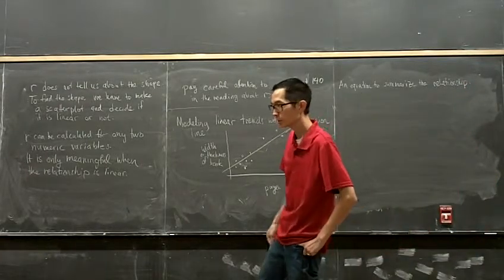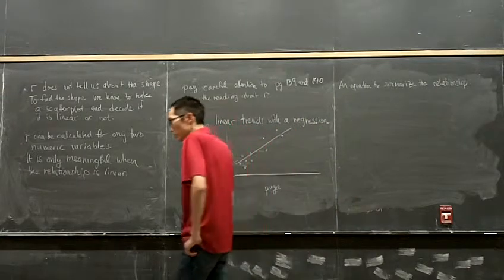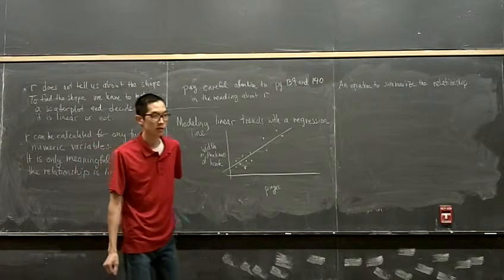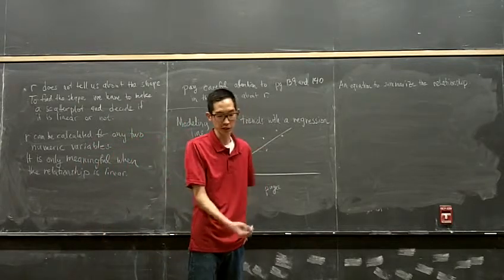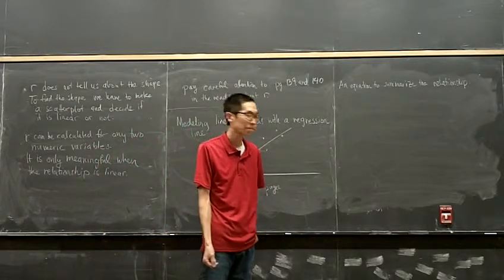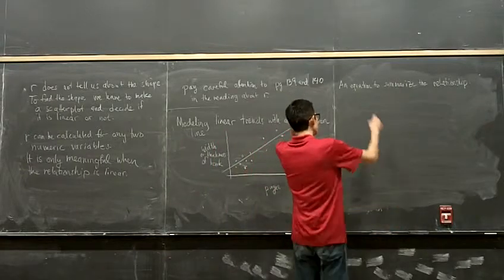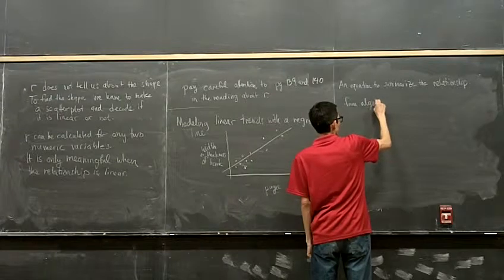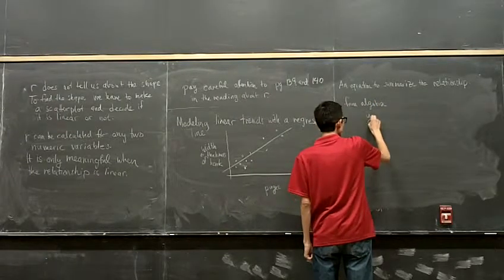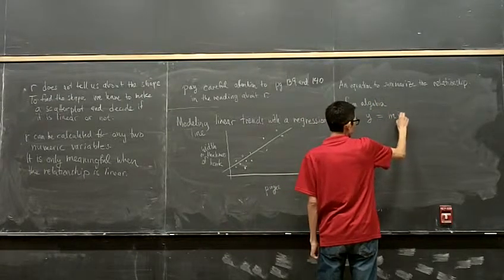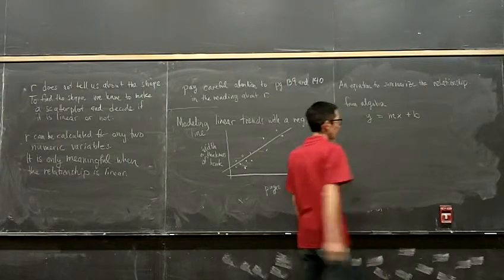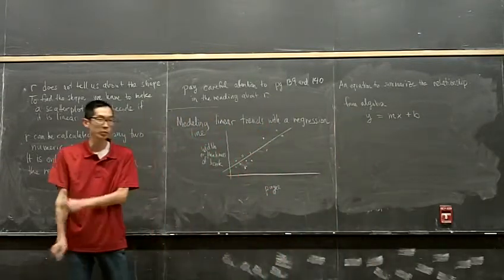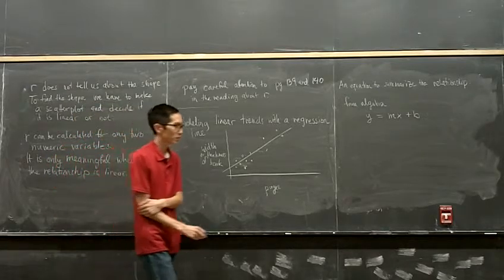So if we want to make a straight line equation, what does a straight line equation look like? What's the equation of a straight line? Yeah, so in algebra, we learned that the equation of a straight line is y equals mx plus b. Is that right? Yeah. Okay. Now what is m? m is the slope.